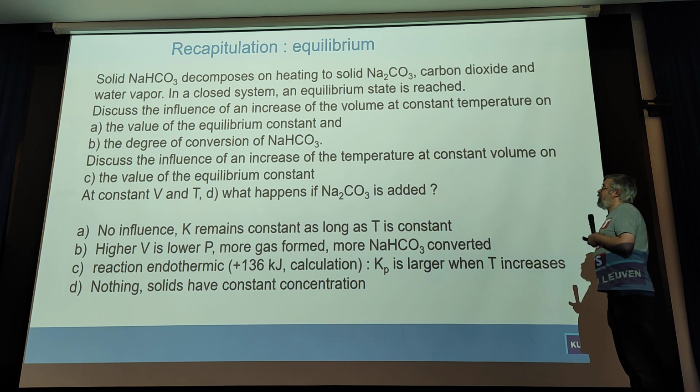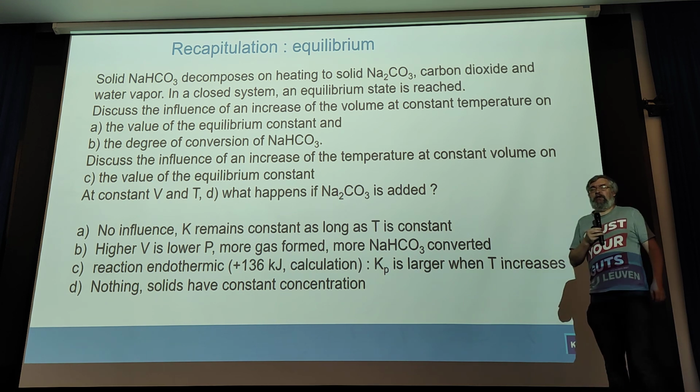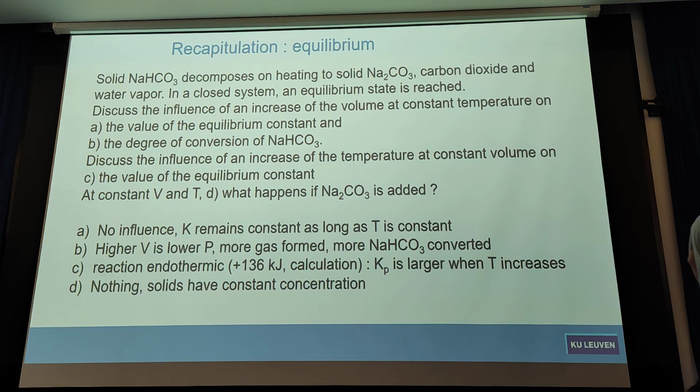Okay, so in question B, we actually increase the temperature at constant volume, and we want to know what will be the influence on the equilibrium constant. For that, we have to know the thermodynamic parameters of the reaction.